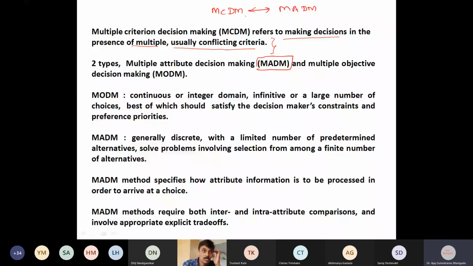From our perspective, both are the same. MADM is nothing but multiple attributes; we have multiple attributes and also multiple criteria. The second type of class is multiple objectives. These we had already talked about, multiple objectives being nothing but goal programming, and this we had already addressed.